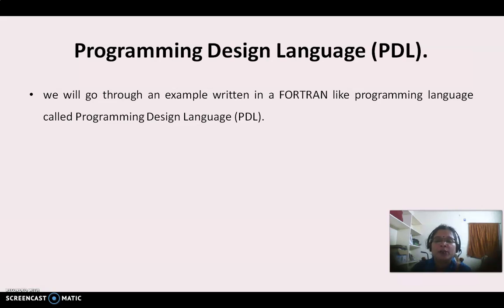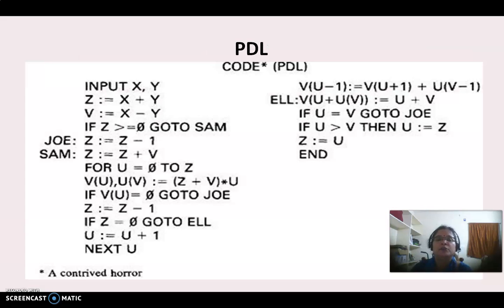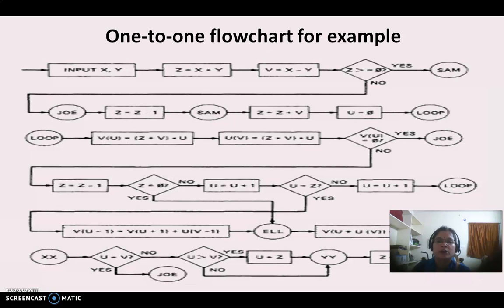Pictorially we are representing clearly the differentiation between the control flow graph and flowchart. Now see, this is the programming design language. Input statements, assignment statements, some if statements and loops are clearly given here. Now, how can this be represented in the form of the flowchart?